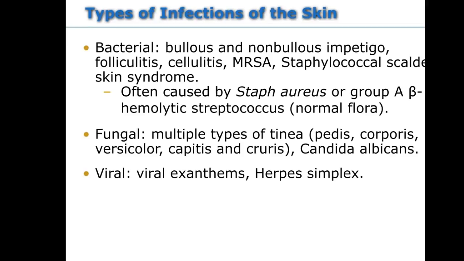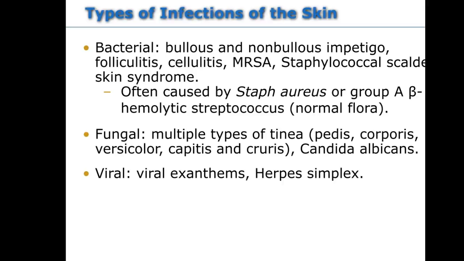Some types of infections that you're going to see. Bacterial infections it talks about, impetigo, folliculitis, cellulitis, MRSA. These are all pretty much caused by staph. Sometimes strep causes those too. Both of those bacteria you have on your normal flora, so that's kind of an opportunistic infectious process.